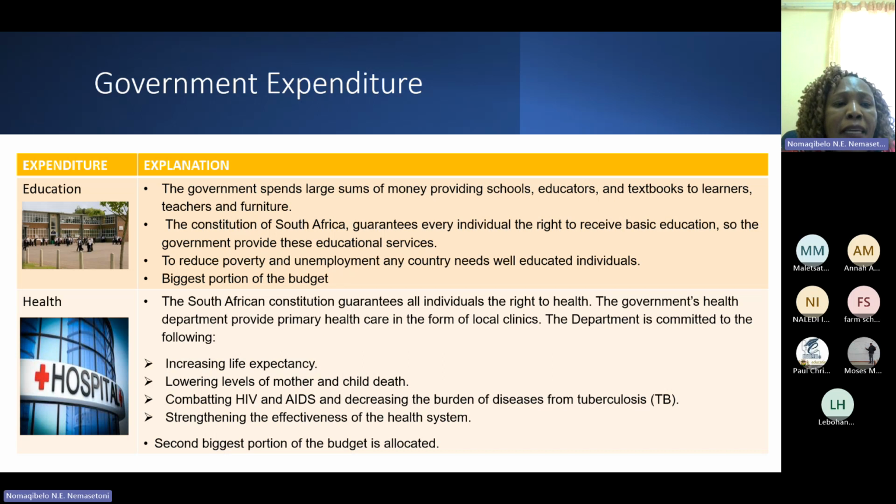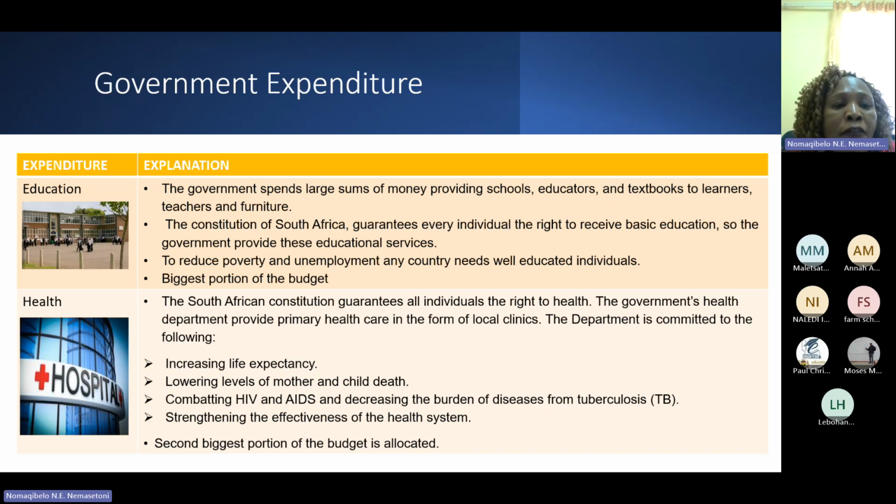The government expenditure means the government spends large sums of money providing schools, educators, and textbooks to learners, teachers and furniture, meaning that this is the money that they spend on education, because all the departments are going to be allocated a certain amount of money.